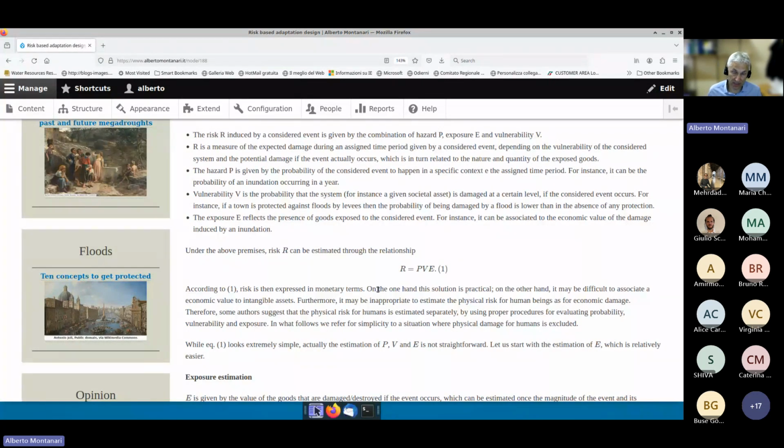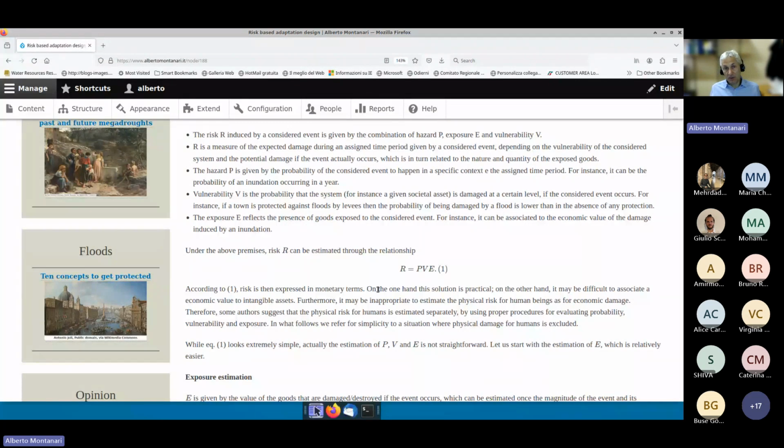So it depends on the time window in which the probability is expressed. If probability is the probability of the event occurring in 1 year, then R, the result of this multiplication given by equation 1 here, is the average risk, the average damage that we get in the same period of 1 year. So R is the damage that we expect in the same period of 1 year.